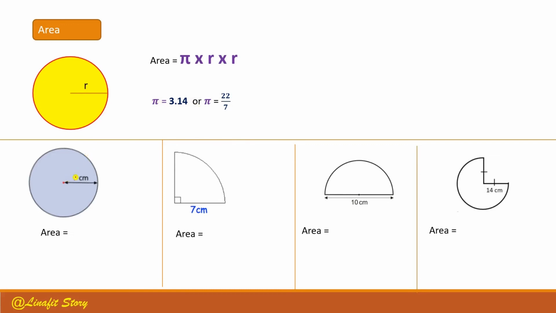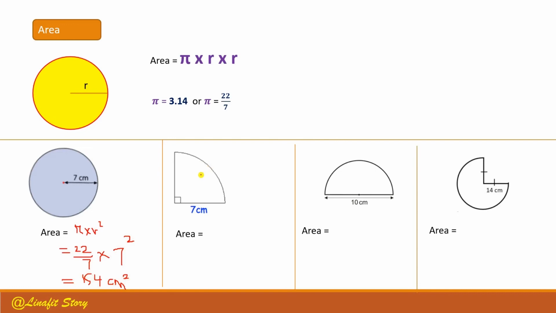If the radius of the circle is 7 cm, so to get the area is pi times radius squared. 22 out of 7 times 7 squared. 22 out of 7 times 7 times 7 is equal to 154 square cm.